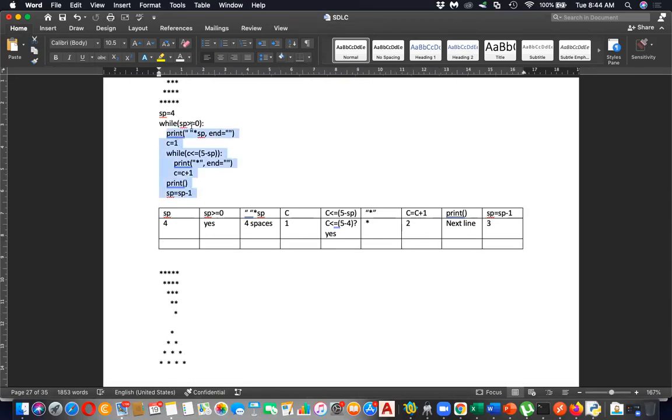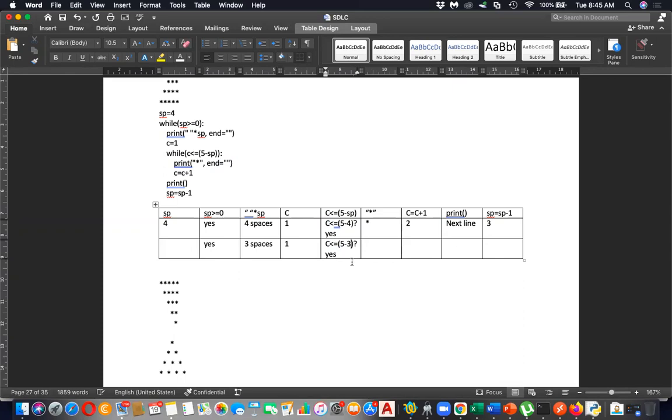You are inside the while loop because 3 is greater than 0. Then how many spaces? 3 spaces. The value of C is 1. Then C less than or equal to 5 minus 3. 5 minus 3 means 2. C is 1 now. Is 1 less than 2?